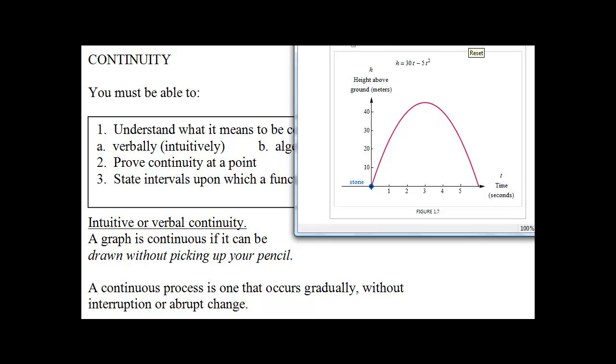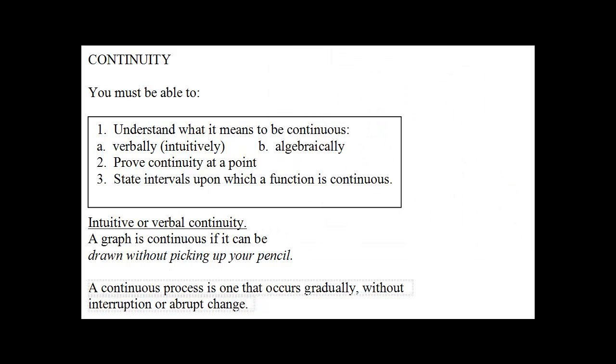Now notice that as the stone reaches its maximum height, it slows down gradually until it stops and then returns to the ground, slowly gaining speed as it goes. The stone passes through every height until it reaches its maximum height. Notice that it doesn't skip over any heights or abruptly jump between heights. These are characteristics of a continuous function.